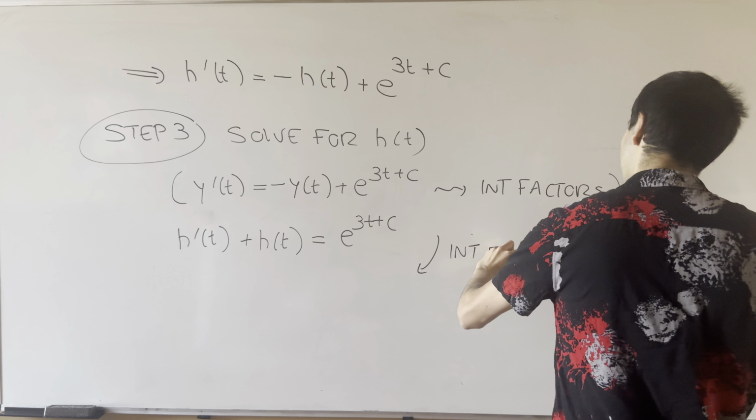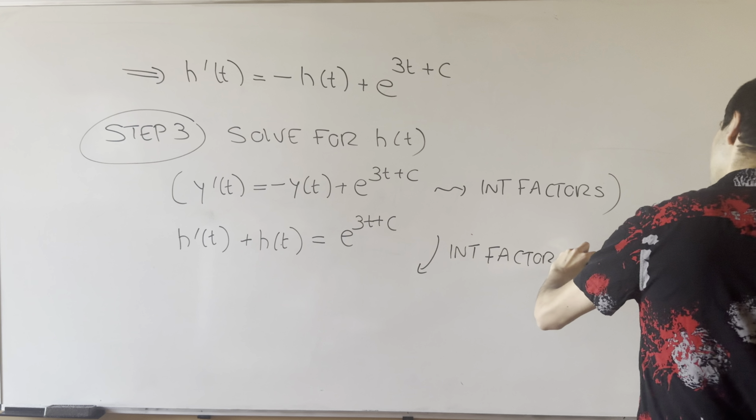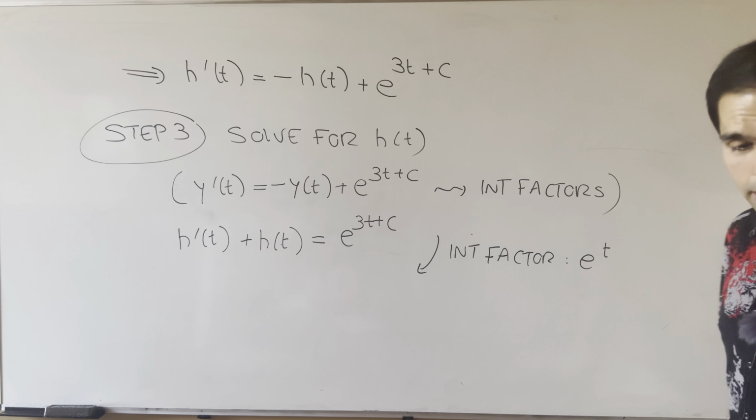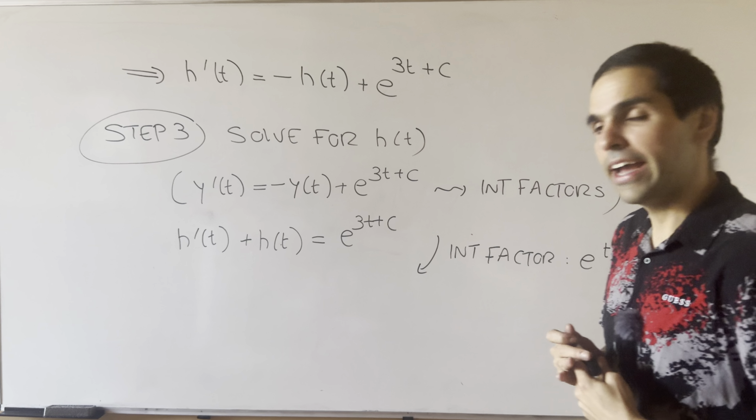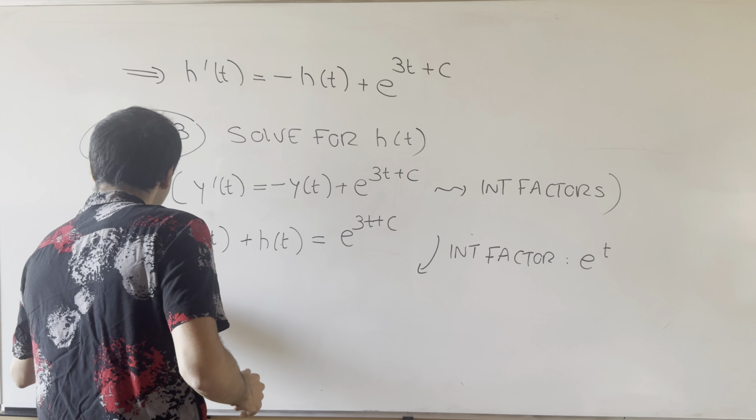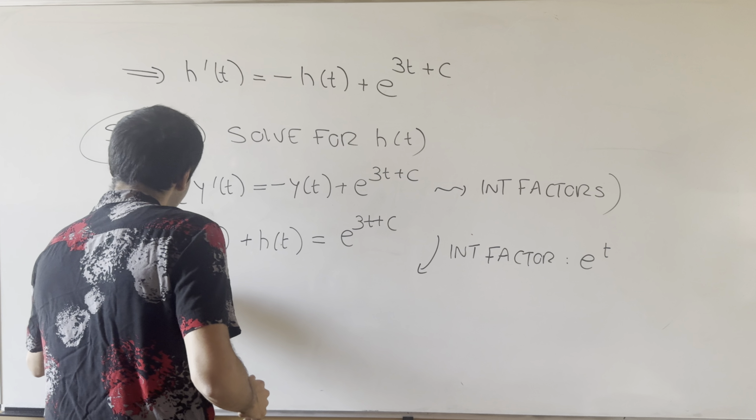So the integrating factor is e^t. What we can do is multiply both sides by e^t. So e^t times this is e^t times e^(3t+c).